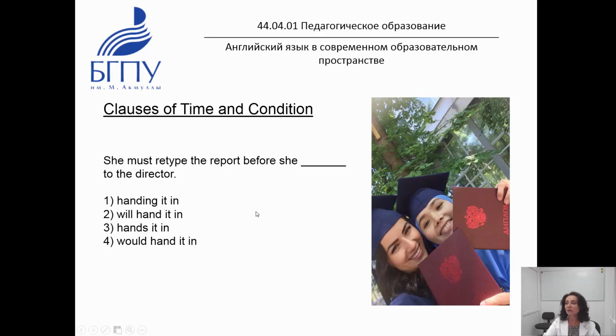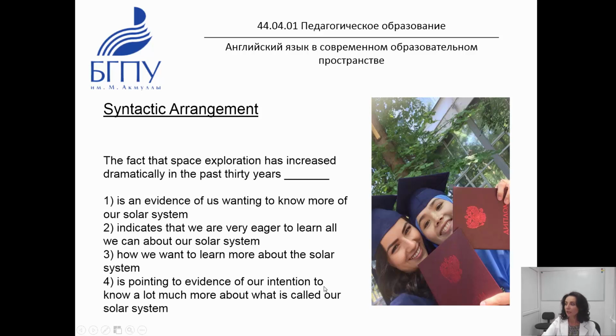But then, thanks to the sequence of tenses, since in the second sentence we would have the verb already in the past, not must retype, but retyped, then, according to the rule of the sequence of tenses, instead of hands it in, we would have the form handed it in. So just the past simple tense should be used if the past simple is used in the main clause.